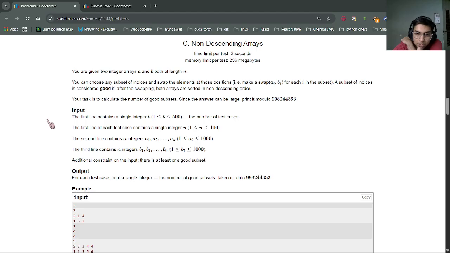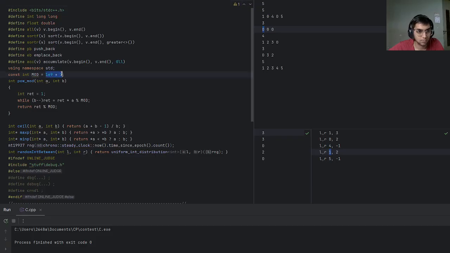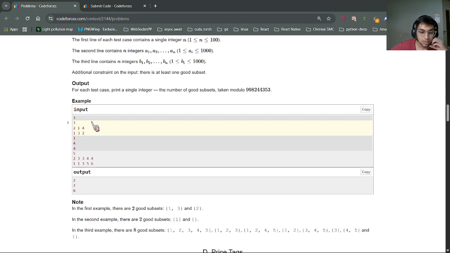Measurements. Just sorted. Subsets. So we have this. So it's sorted.